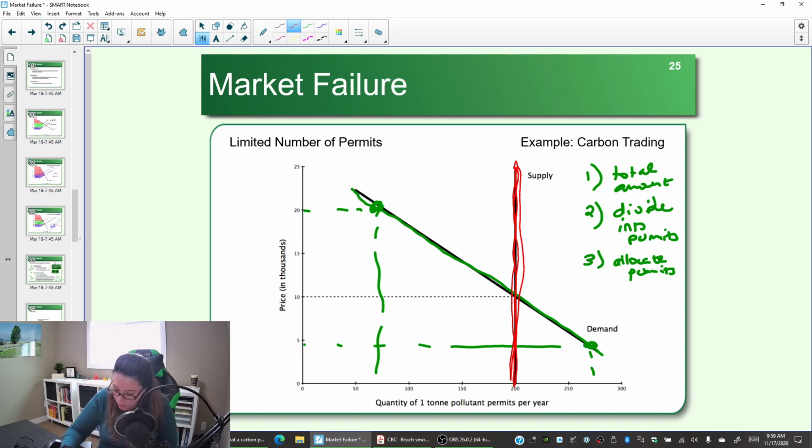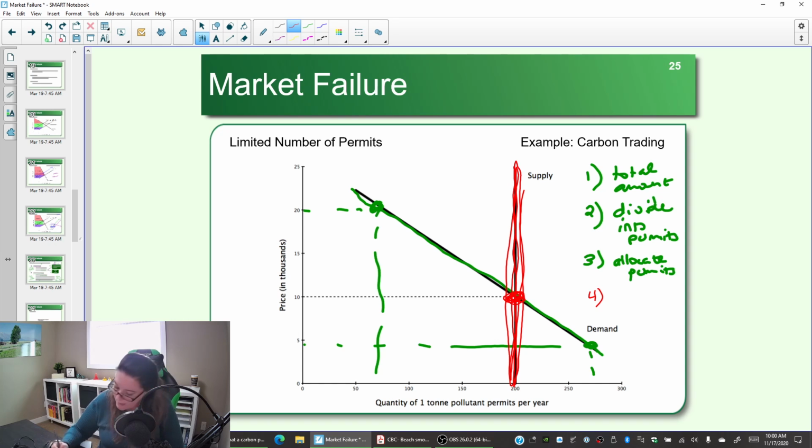It is a vertical line because it does not change with the price of the permits. So when we look at the price of a permit, it is solely based on what is happening with demand. So if your country or your company wants to grow, you want to expand your business, and expanding your business means producing more pollution. You're growing your economy, which means more production, which means more pollution.